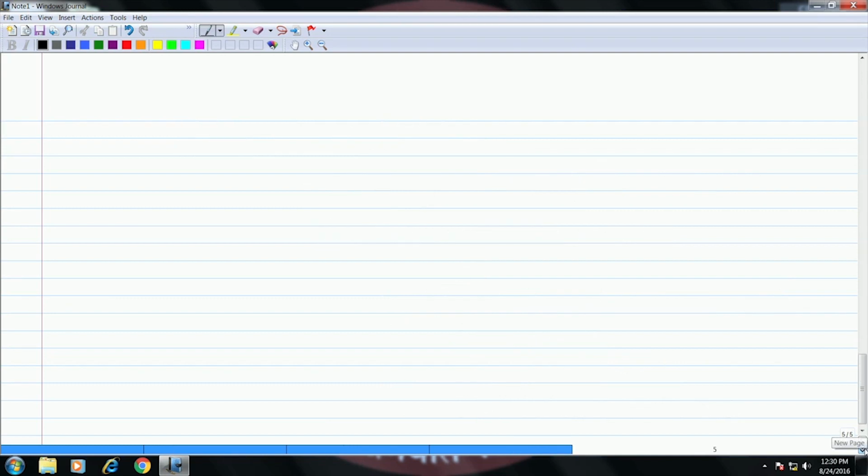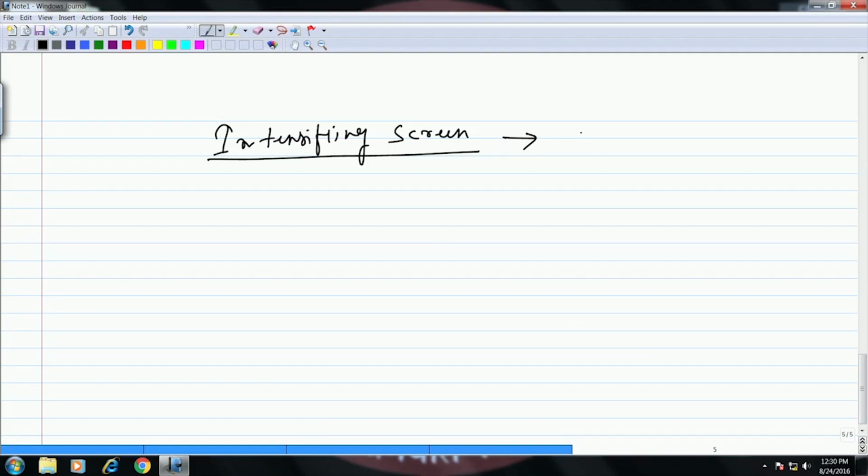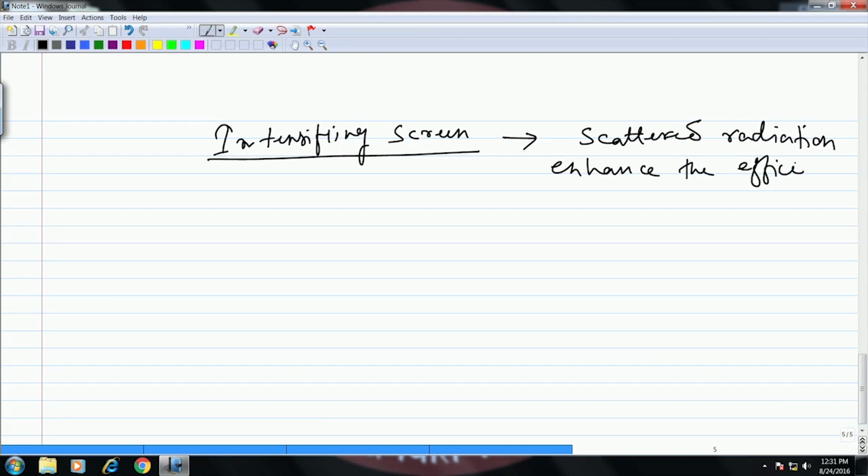After that we talked about intensifying screens, the basic purpose of which is to filter out the scattered radiation which is not desirable for forming the image, and also to enhance the efficiency of image formation.